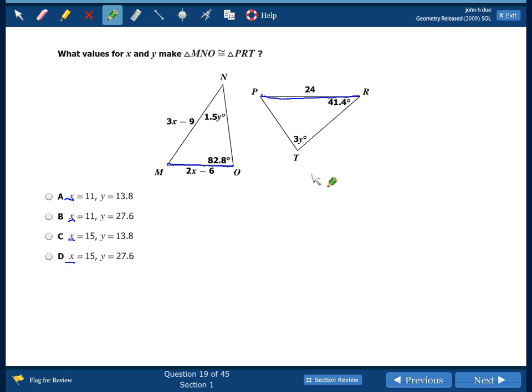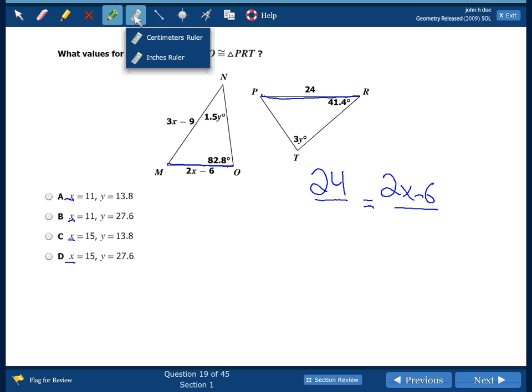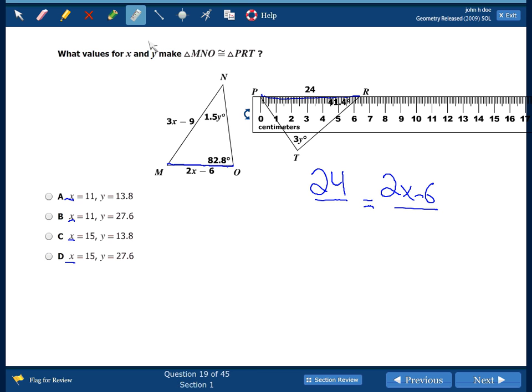So the two things I'm going to use are 24 and 2x minus 6. So when I get the ruler out, the actual measurement of 24 came out to 6.4.